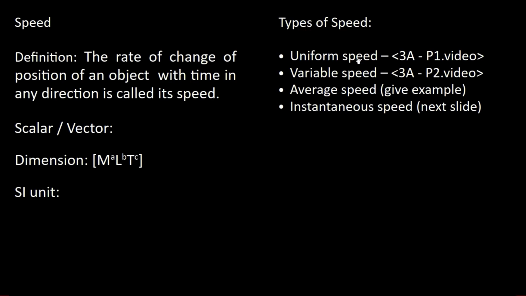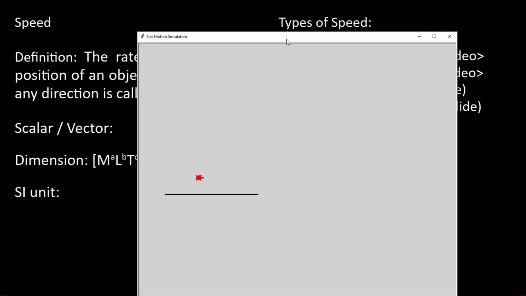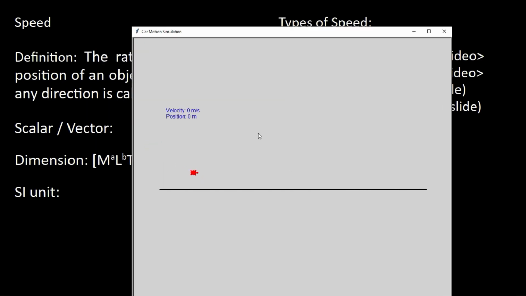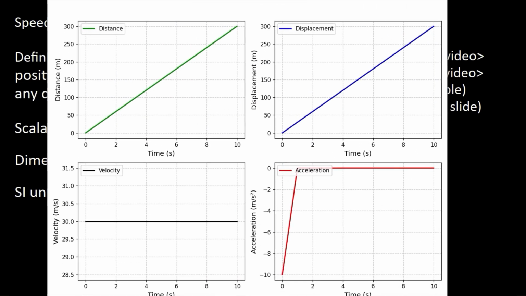Types of speed, you have uniform speed, wherein the distance traveled by the object is equal in equal intervals of time. Actually, I should be showing this as well. So let me do this. So we have a turtle, and you can see that it's covering equal distance in every second. And so we'll get a graph something like this.